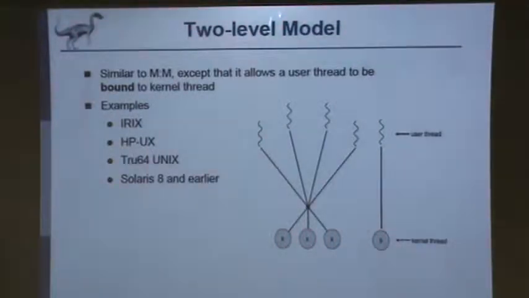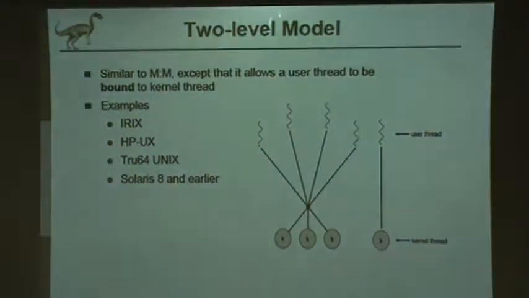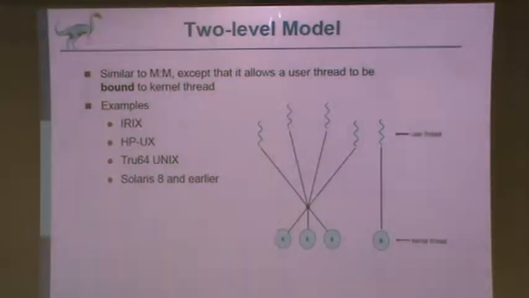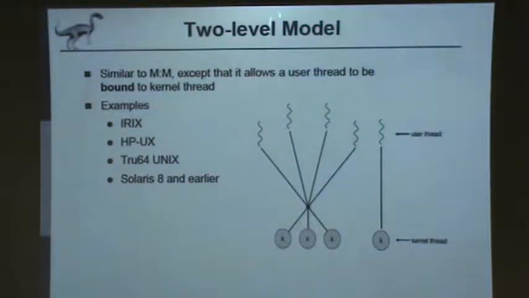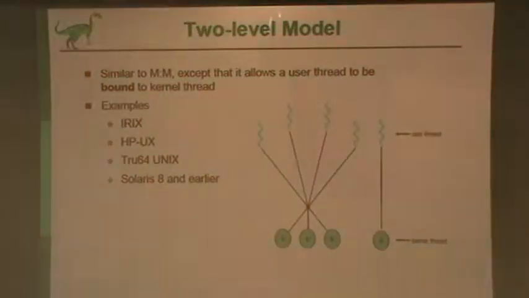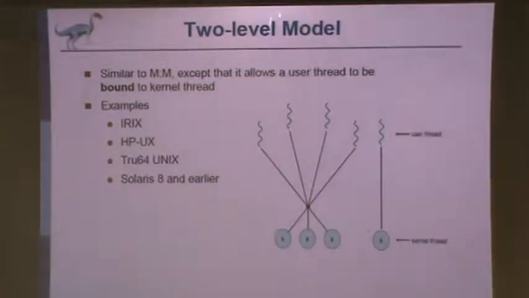If the user thread is important, it will connect to a kernel thread in a one-to-one model. If it's not important, it will connect to the kernel threads in a many-to-many model.